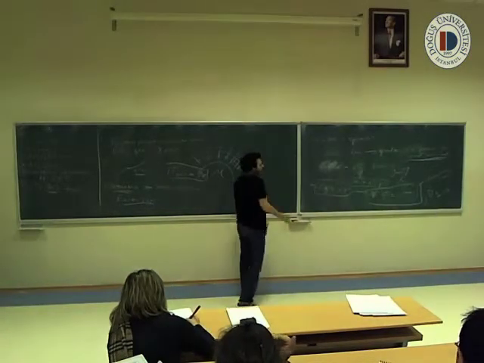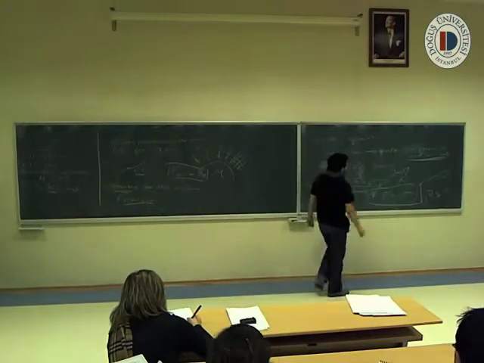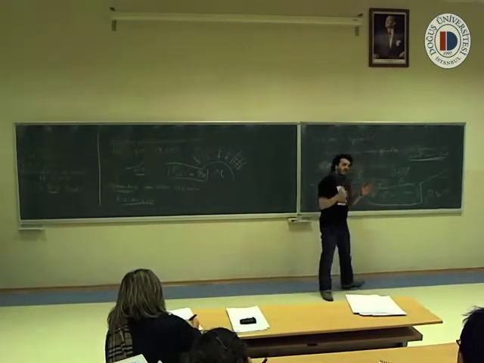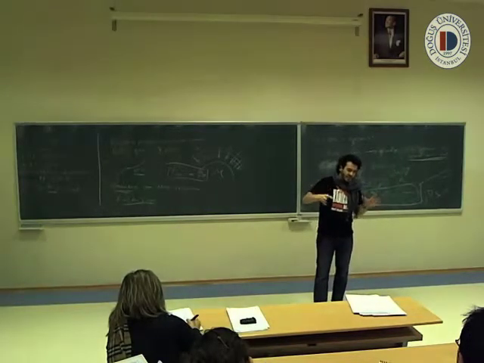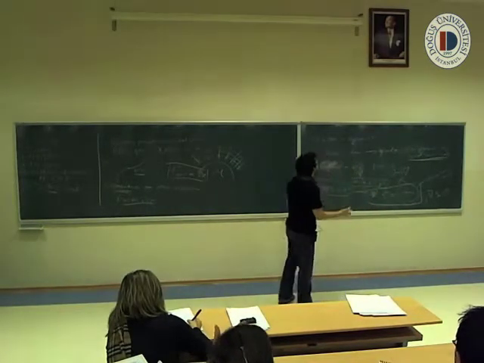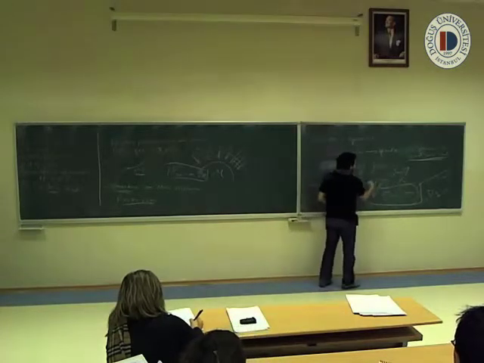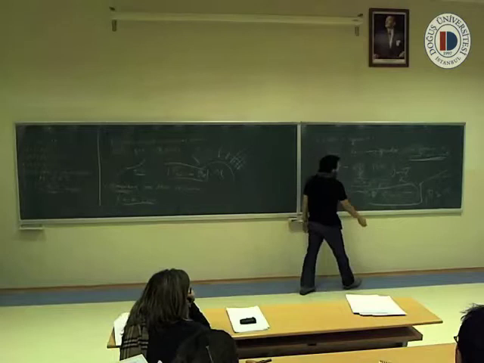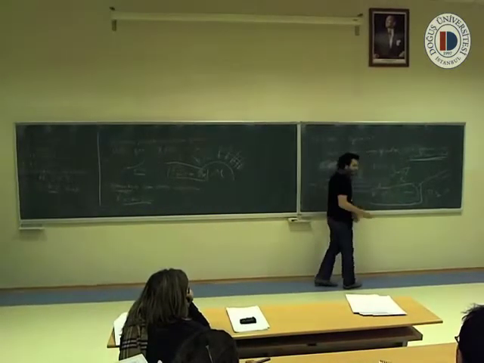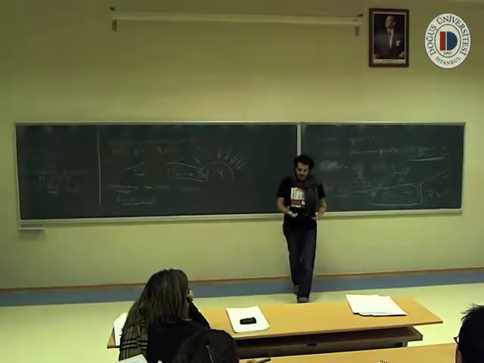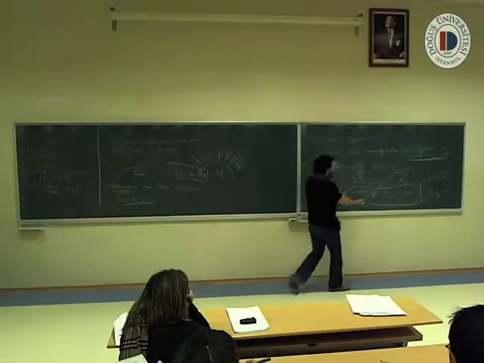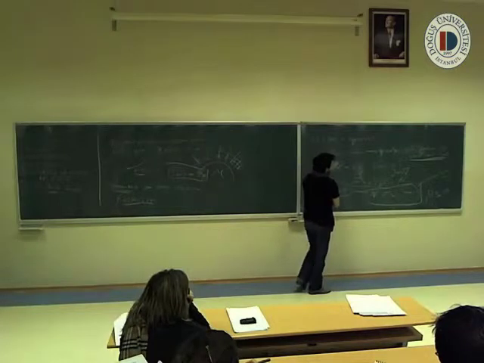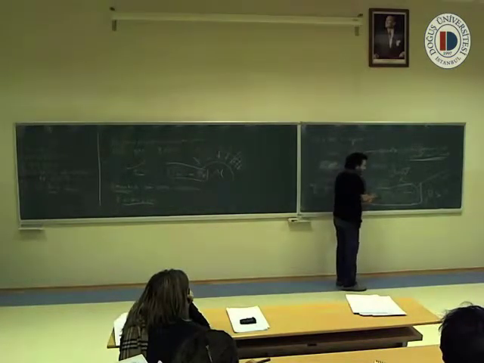Then his idea was that maybe on the left-hand side we should have something else. On the right-hand side, it's clear that we should have the energy momentum tensor, because that's the most general and covariant object that describes the mass, energy and momentum distribution. But on the left-hand side, what you need is something that depends on the metric, because the metric is the quantity that we want to obtain. And it is clear that we should have a second order differential equation.